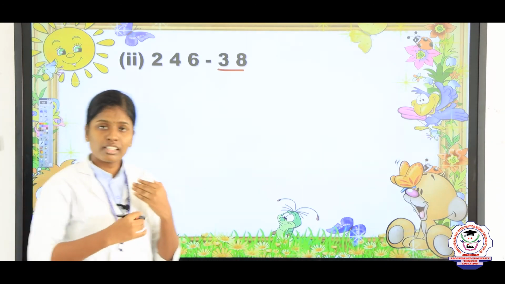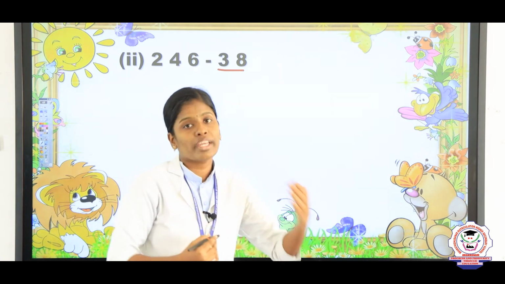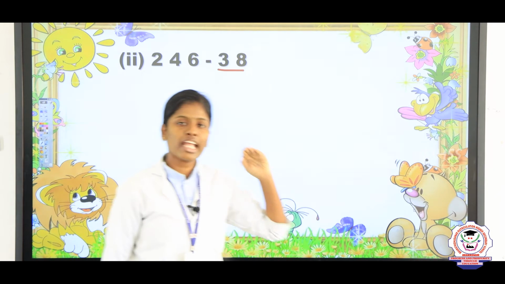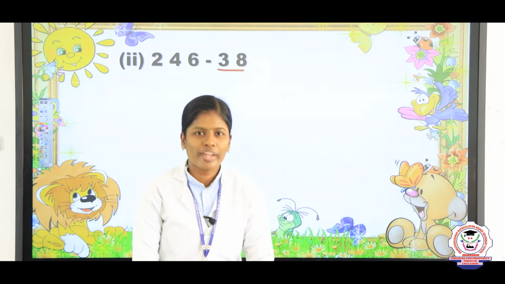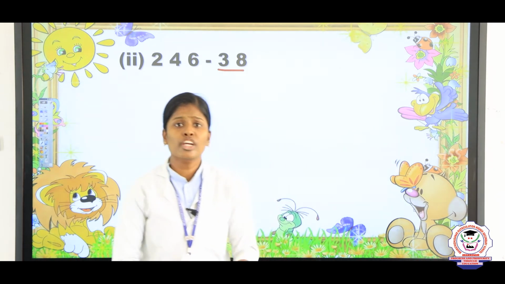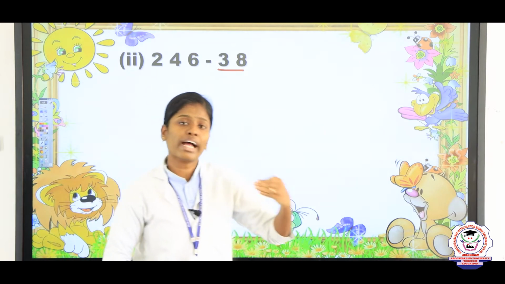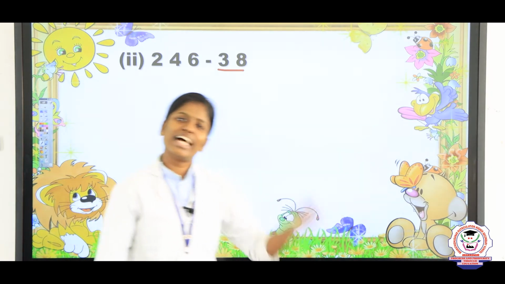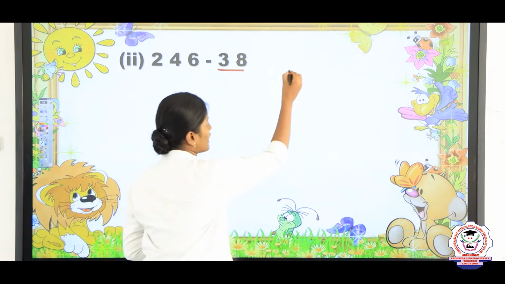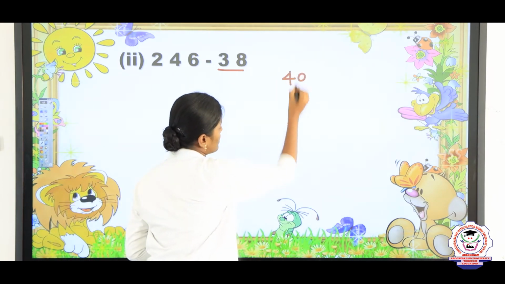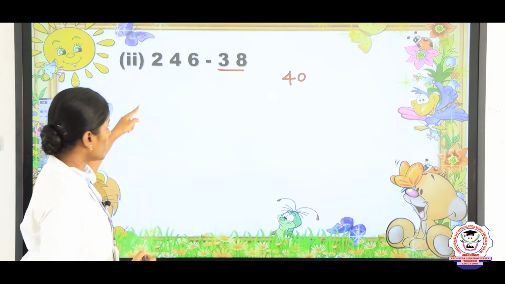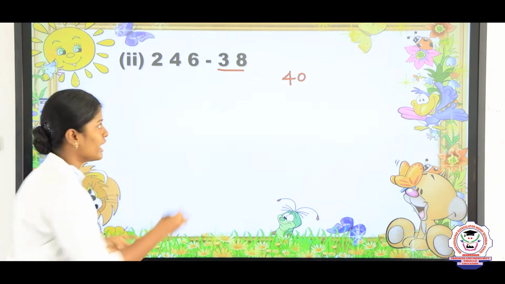So this 38 we are going to make into a multiple of 10. So what is the answer? The multiple of 10 nearest to 38? Very good. The answer is 40. So what number should be added to 38 to get the sum 40? Very good. The answer is 2. Now we are going to add 2 to both 246 and 38.